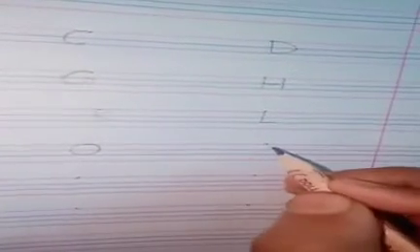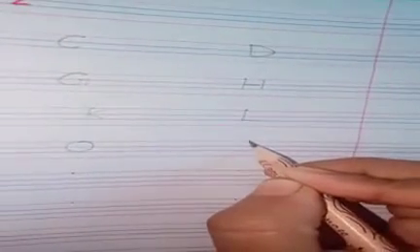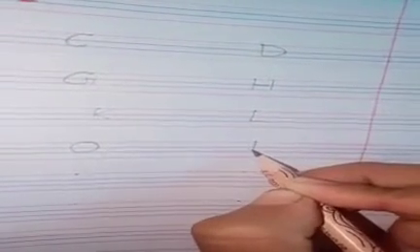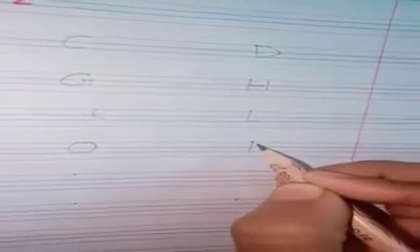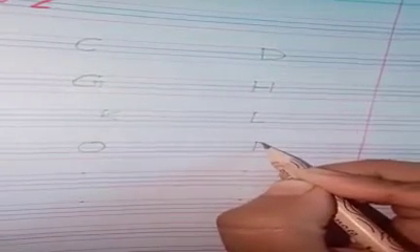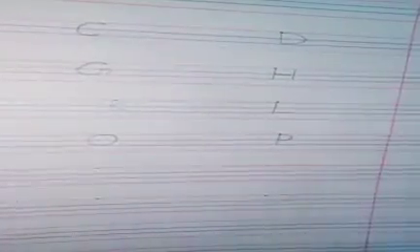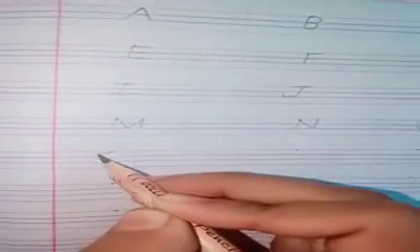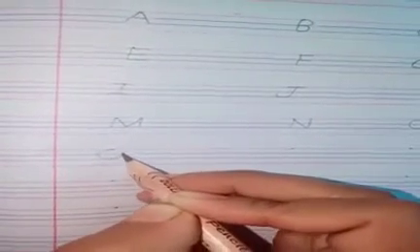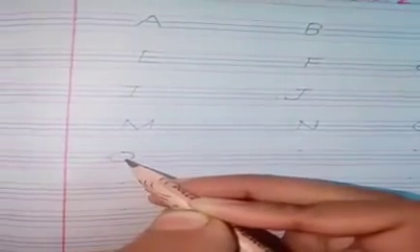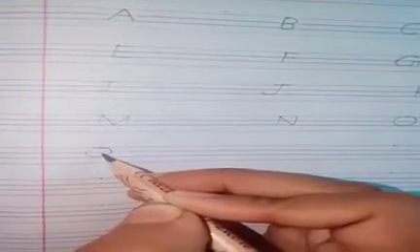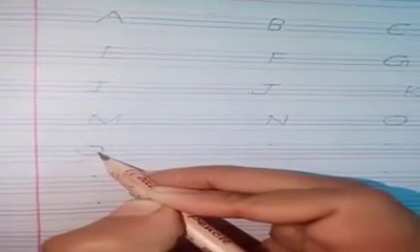O after P. Start from the top, one standing line down like this, a small curve to the middle. This is capital P. P after Q. Draw a big circle like this, capital Q, and make a slanting line to the bottom.